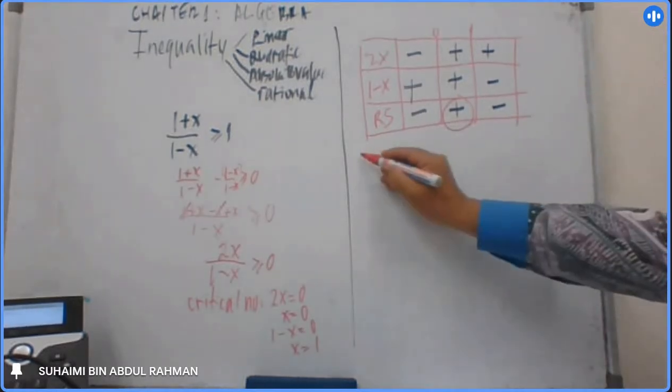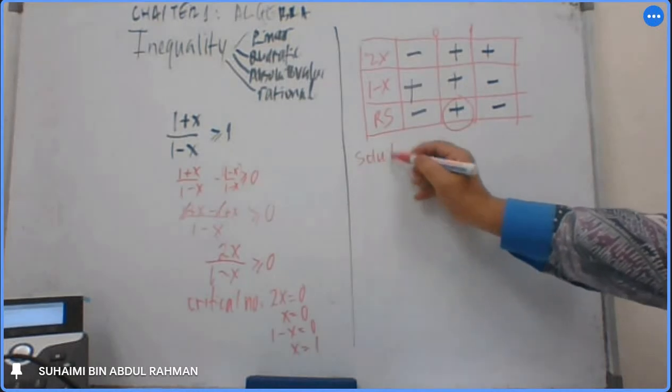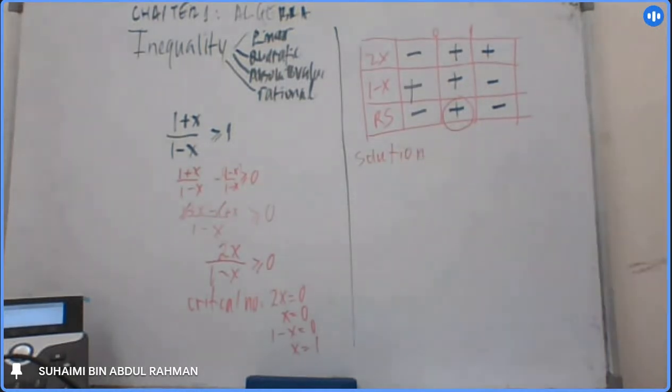So solutions must be in terms of interval notation as well. So the solutions here are between what?